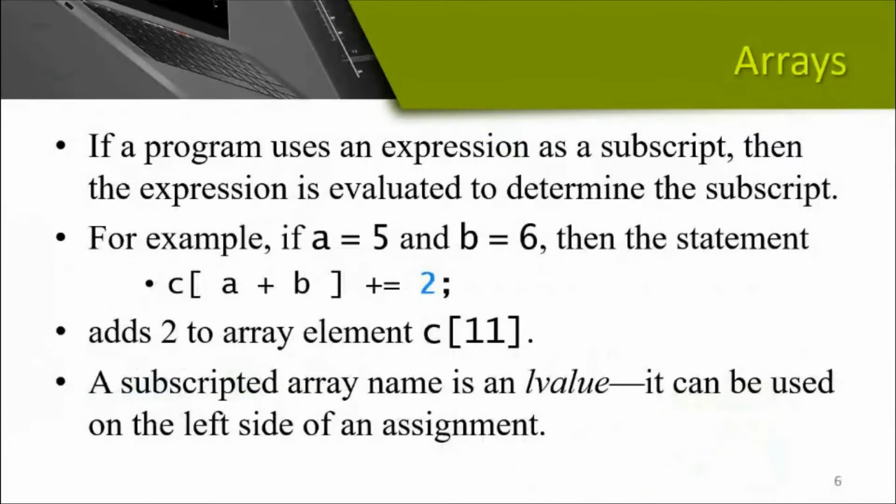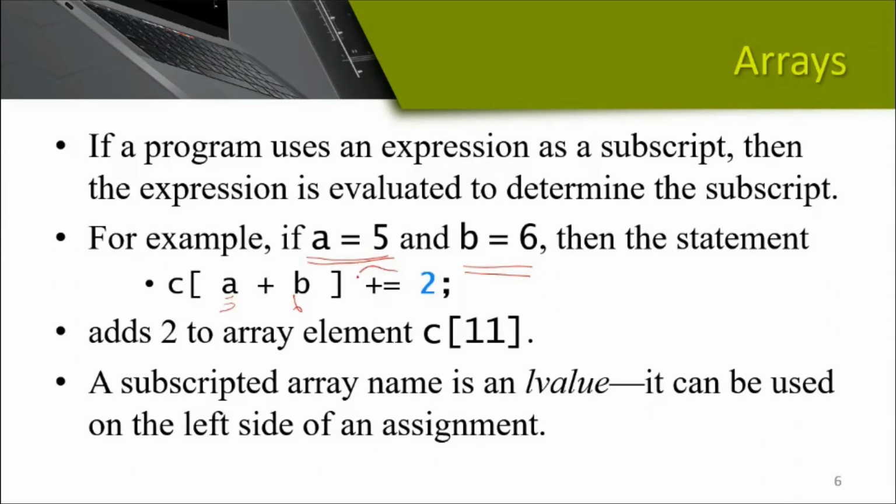So let us see an expression as a subscript for an array. Suppose a is 5 and b is 6. Then the statement C, within brackets a plus b, plus equal to 2.